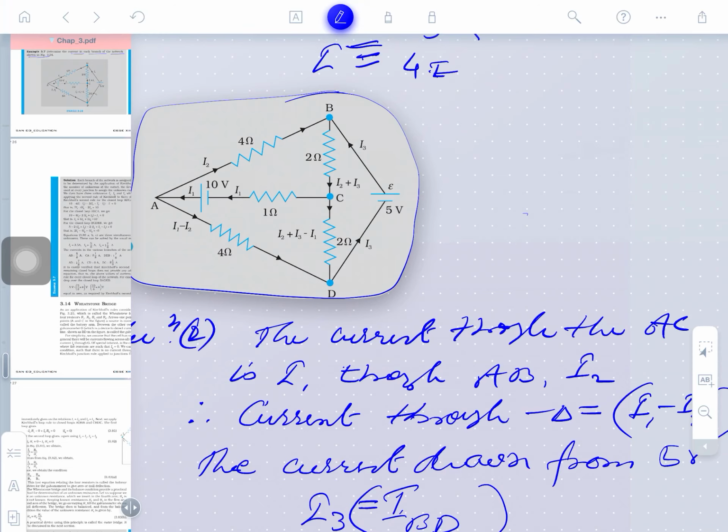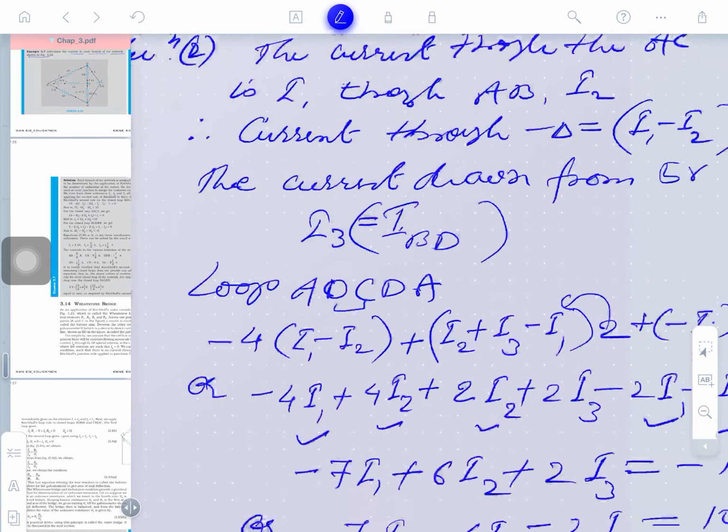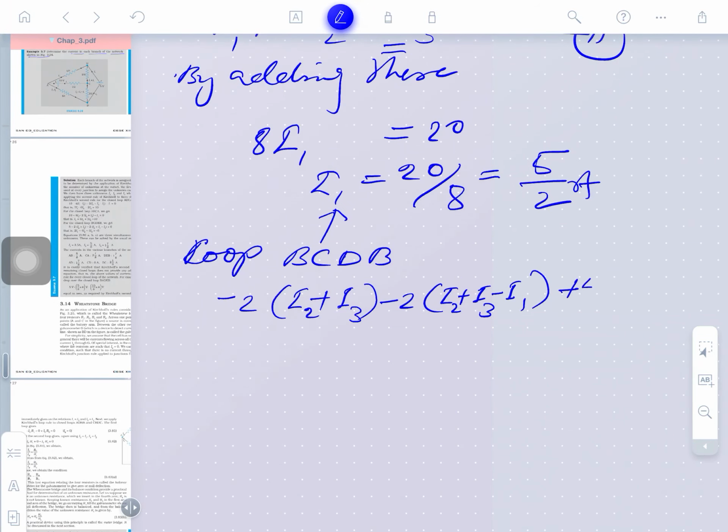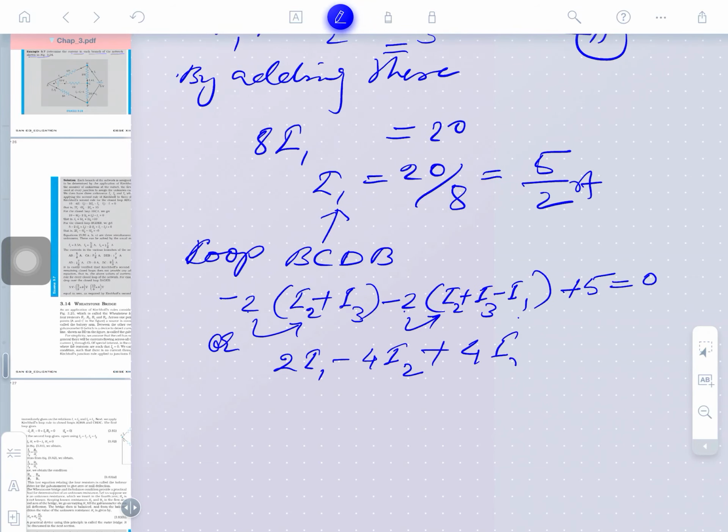D to B, this is positive to negative to positive, 5 volt plus 5 volt plus 5 volt, 0. So, this can be written as 2 times I2 and here 2 times. So, minus 4 times I1, plus 2 times I1 and 4 times I2 and I3, minus 2 I3 and minus 2 I3, 4 times I3 will come here and is equal to minus 5.